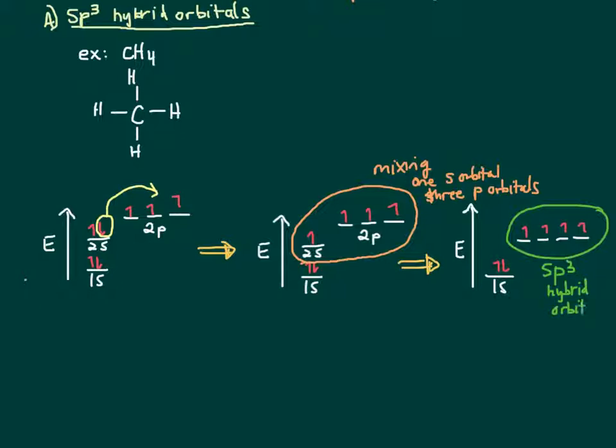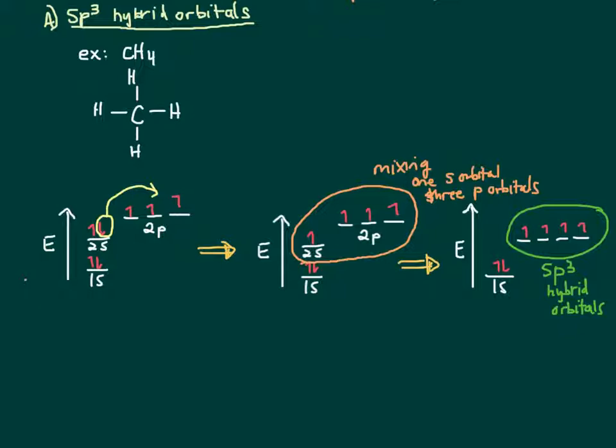They're hybrids because they're a mixture of 2 things, just like a hybrid car is a mixture of a gas car and an electric car. This is a mixture of an s orbital and 3 p orbitals to give you 1, 2, 3, 4 sp3 orbitals, and you'll notice that they're the same level of energy, so they will form identical bonds, or equal energy bonds. 1, 2, 3, 4 equal energy bonds.